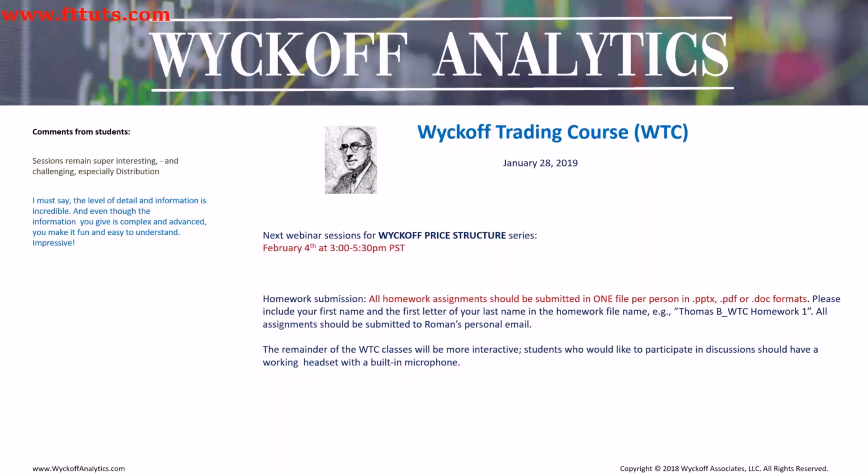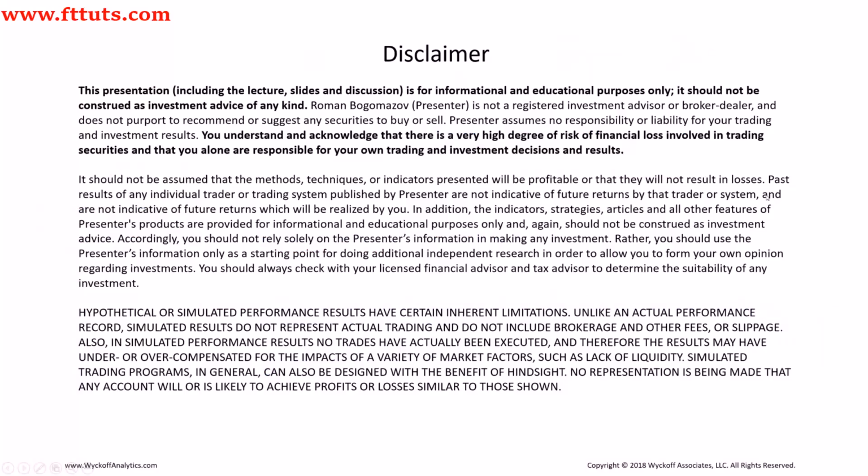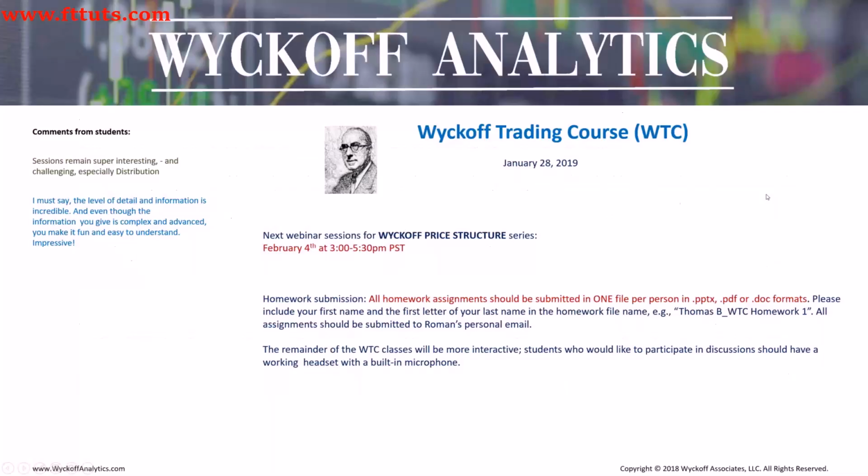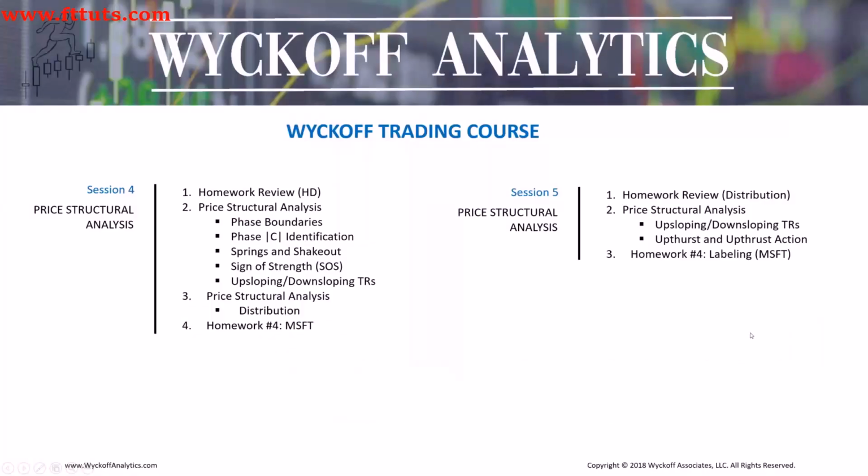All right, next session, February 4th, in a week. What will we be discussing? Let's just go to the outline right away. Today we're still going to review the homework from last week on Home Depot, and I will try to go a little bit faster. Maybe we will not have volunteers for that, but maybe we'll have some volunteers for the distribution labeling. So we'll try to cover as much as possible.